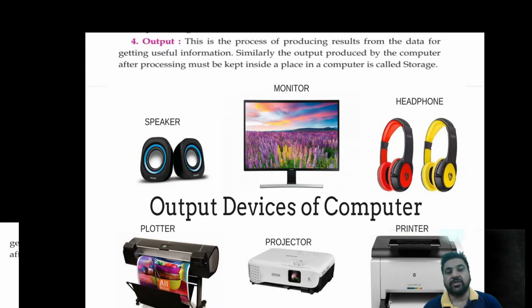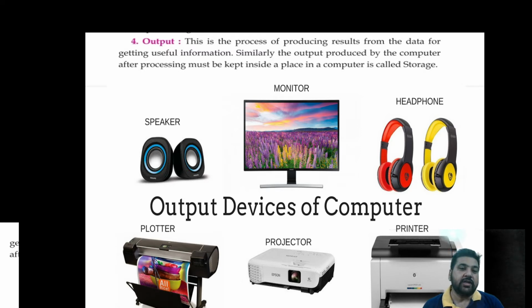The next one is output. This is the process of producing results from the data for getting useful information. Similarly, the output produced by the computer after processing must be kept in a place inside the computer called storage. After processing the data, the output value is saved inside the computer.